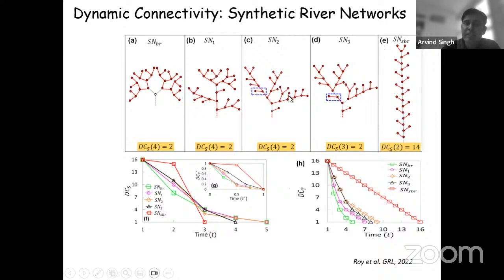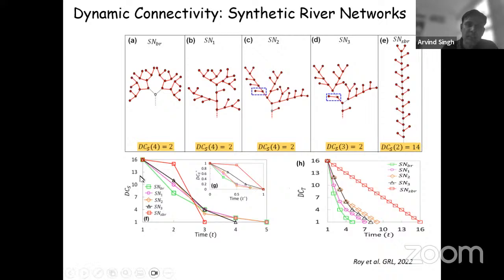And in between, we vary the percentage. We generate several other networks. Here, for example, I have shown 3 networks where we vary the percentage of side branching or branching in those systems or networks. What we observe, that is, the number of clusters or DCS as a function of time, as well as DCT, exhibit different kinds of patterns.